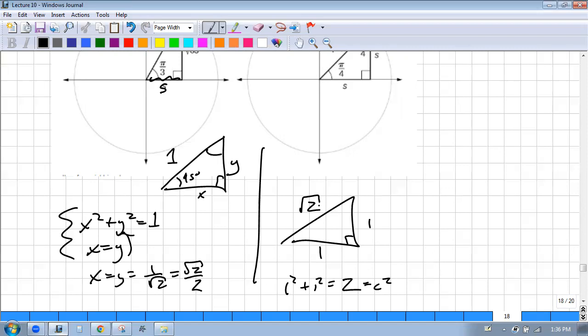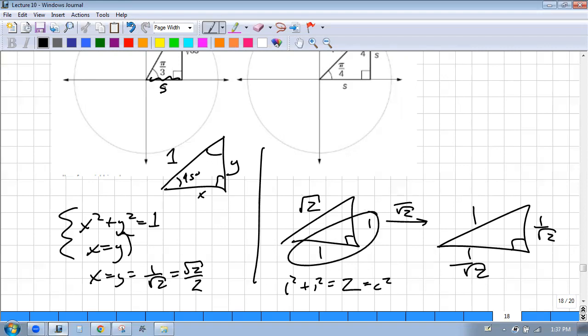Now if I divide everything by root 2, root 2 divided by root 2 is 1, and 1 divided by root 2 for each of the other sides. We could have just started with a triangle where these are both 1, and the Pythagorean theorem tells us the hypotenuse. Then to get the triangle where this is 1, just divide everything by root 2. It's a faster way of solving it.